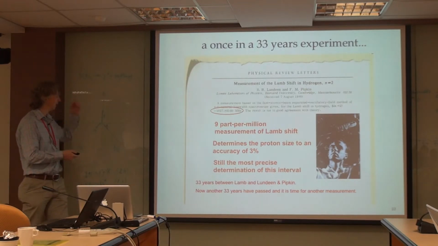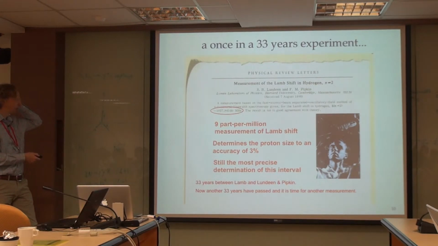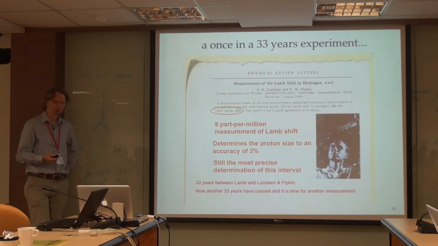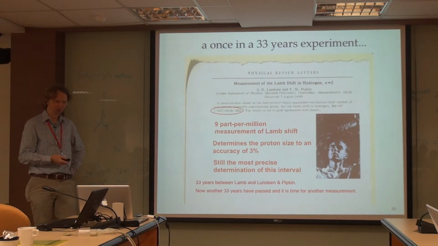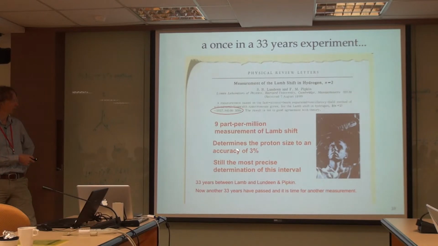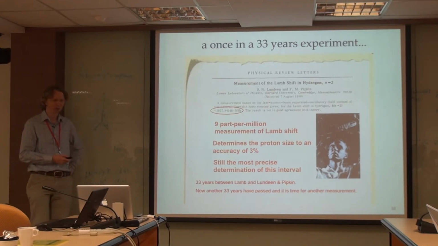So here from Lundeen and Pipkin, who obtained this number, and this determines the proton size only to an accuracy of about 3%, which is not so great because the electron scattering already gives it to 0.5%, and the muonic hydrogen gives it to 0.5 per mil.